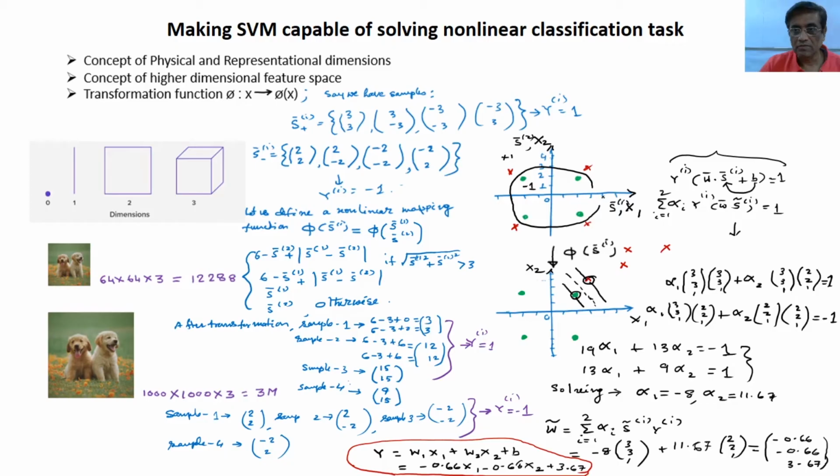Okay, so this straight line will take the shape of this curve in the actual feature space from where you transferred the data. Is it clear? So that is wonderful, right?